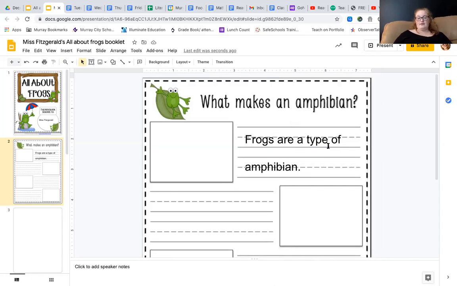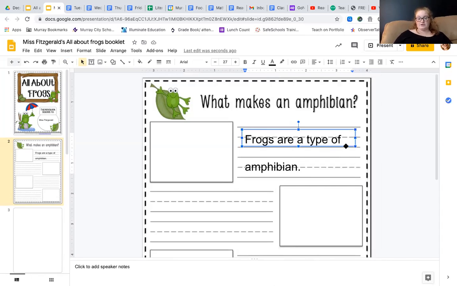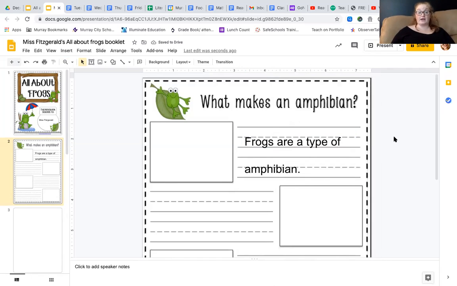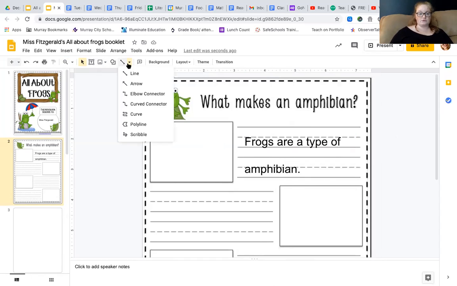You should be writing with a pencil. Writing with a pencil, frogs are a type of amphibian. And in this box right here, you're gonna draw pictures so that you remember what our words are. So I'm going to grab my drawing tool and I am going to draw a frog.